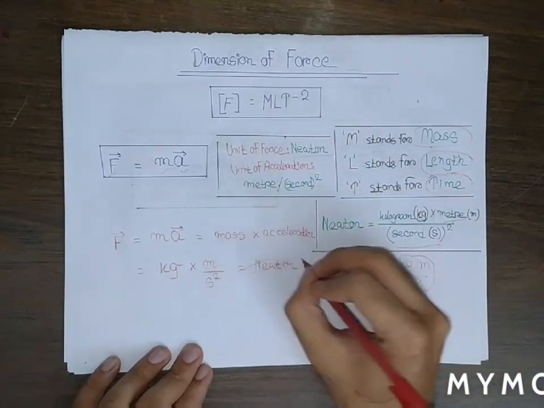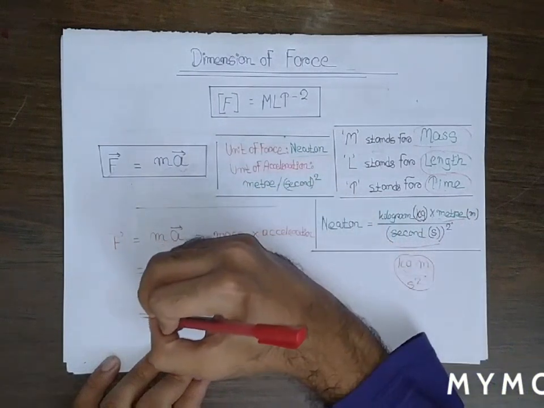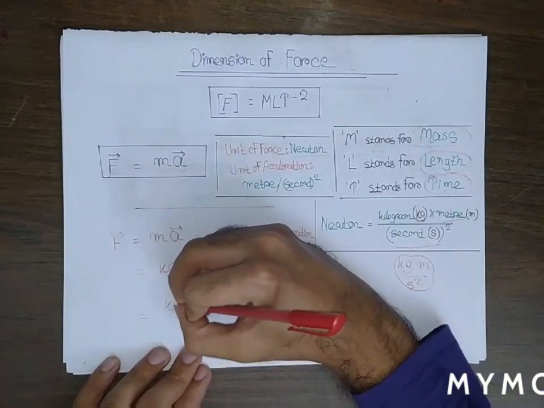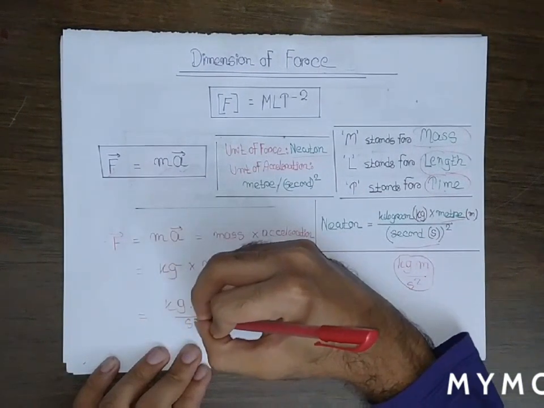Newton equals to kg meter per second square.